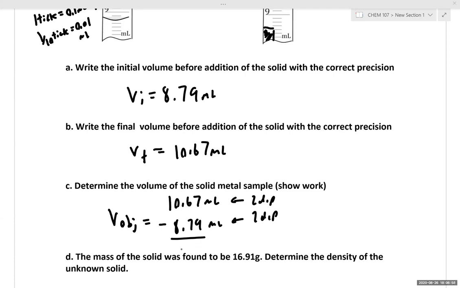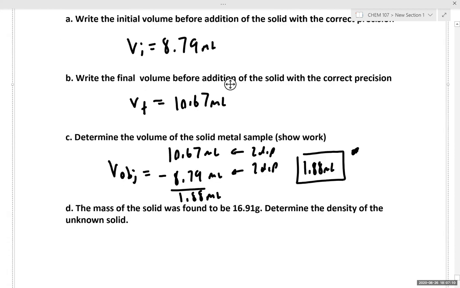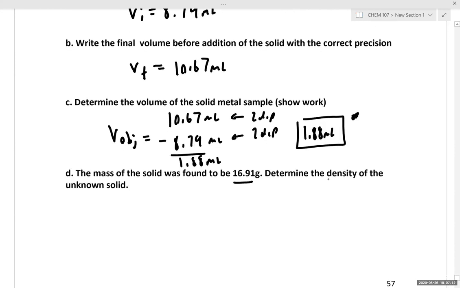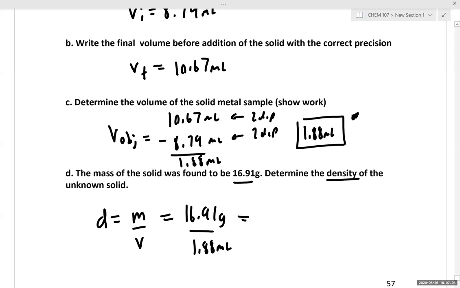That gives us 1.88 milliliters, following sig fig rules. Now that we have the volume of our object, if we're given the mass of our object, we can calculate the density. So as density is written as mass over volume, we're going to take the mass of 16.91 grams over the volume of 1.88 milliliters.